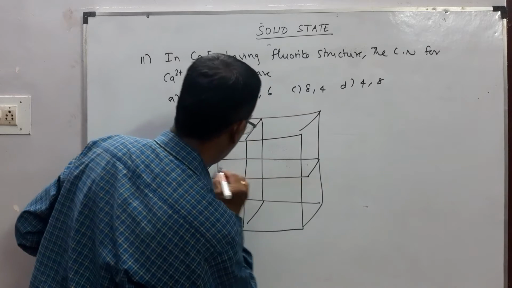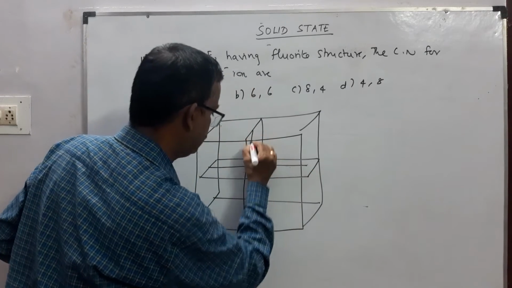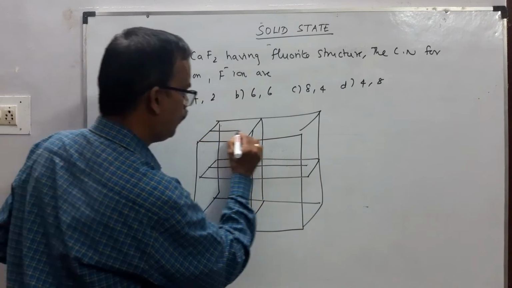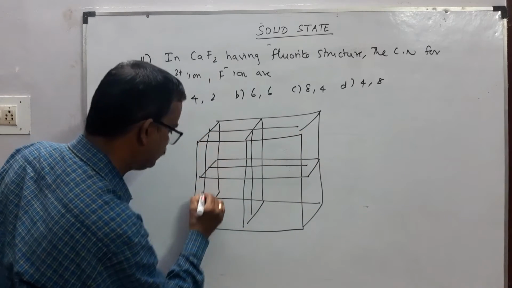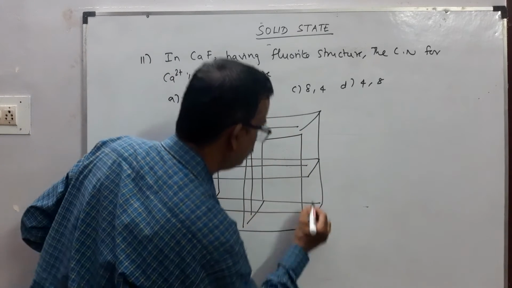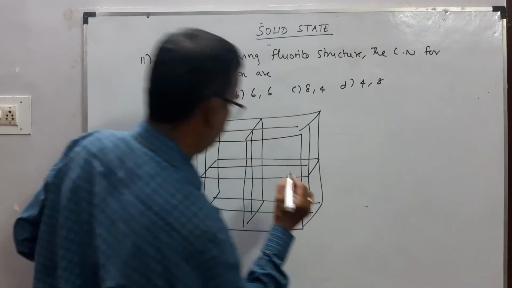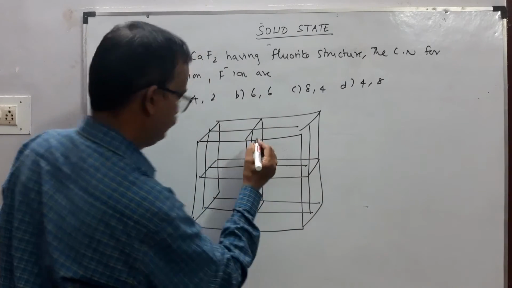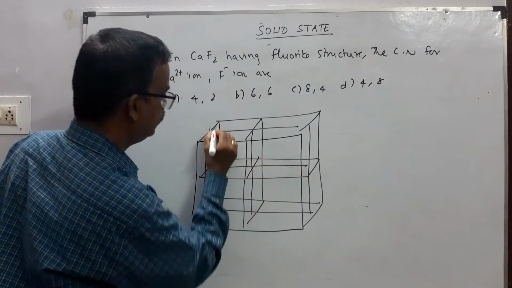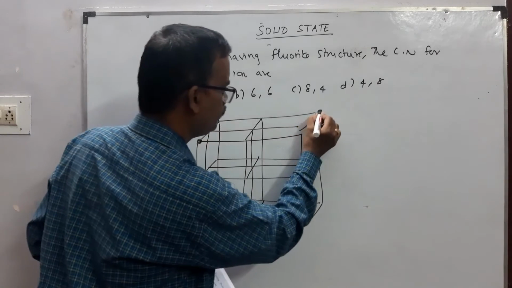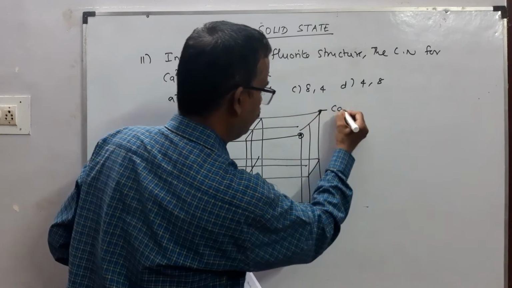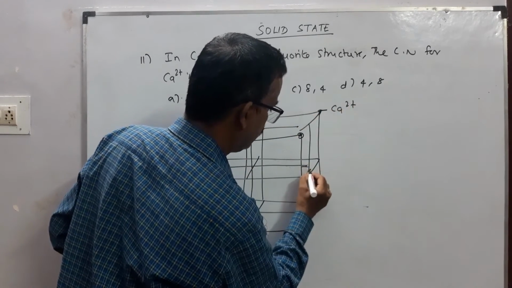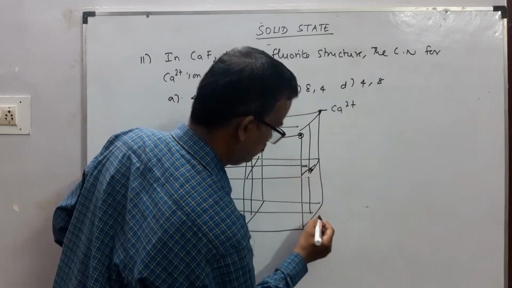That means calcium ion is present at the corner of the cube as well as the center of the 6 faces. Face center. Okay. Corner, this is calcium ion, as well as the center of the 6 faces.